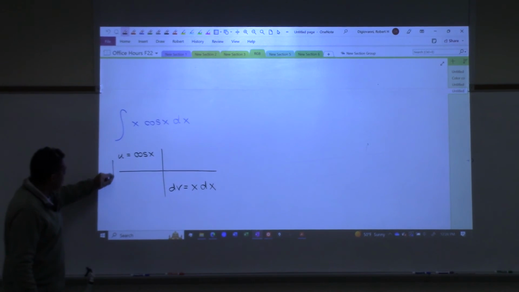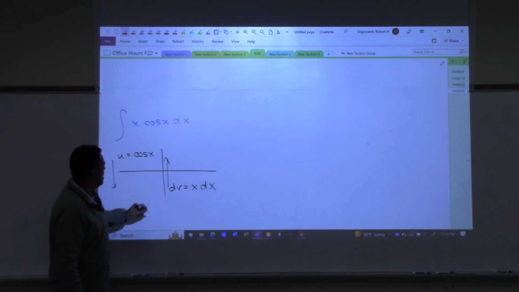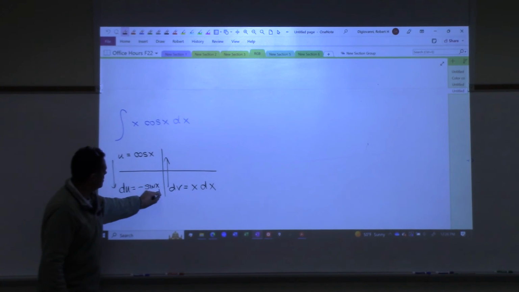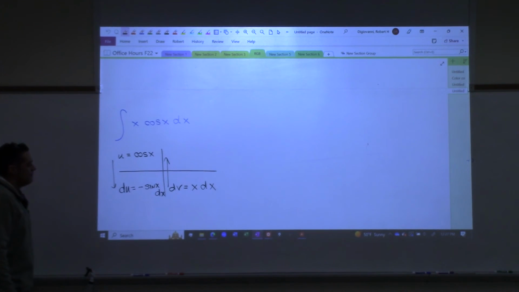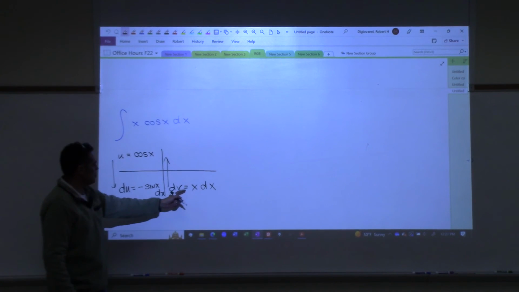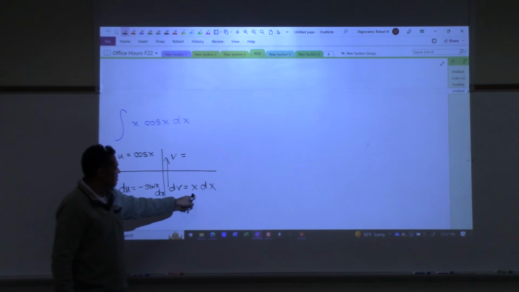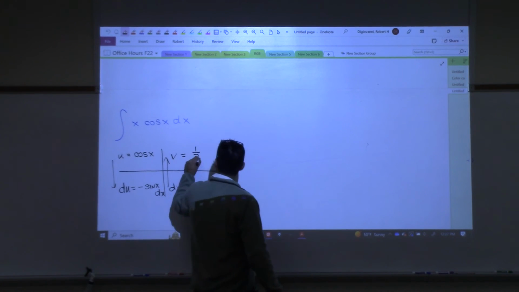All right, so now I'm going to differentiate down. I'm going to integrate up. So du would be negative sine x dx. I'm out of room, sorry. And then what's the antiderivative of x to come back up and get v? 1/2 x squared.